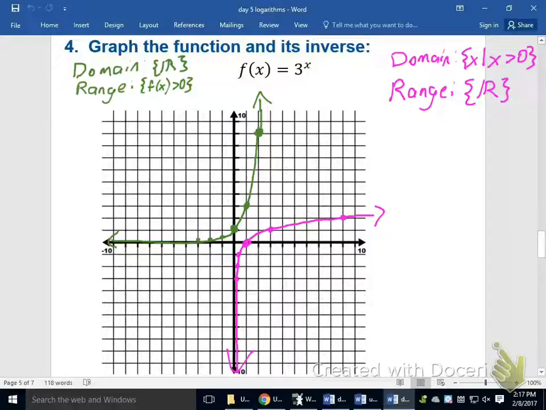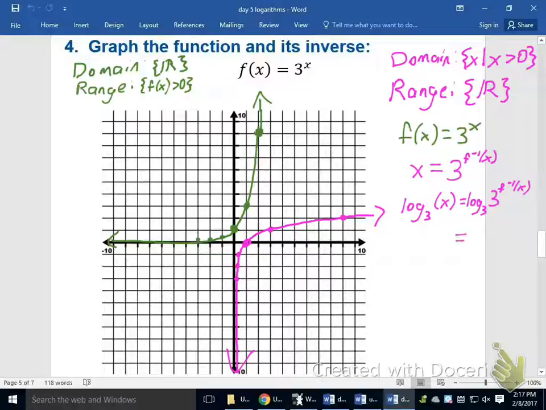And let's go ahead and actually write down what this inverse function would be. So if f of x was equal to 3 to the x power, I would invert that function by swapping x and f of x. And then I would solve for f inverse of x. A logarithm would be required here with a base of 3. So logarithm with a base of 3 of x equals logarithm base 3 of 3 to the f inverse of x.